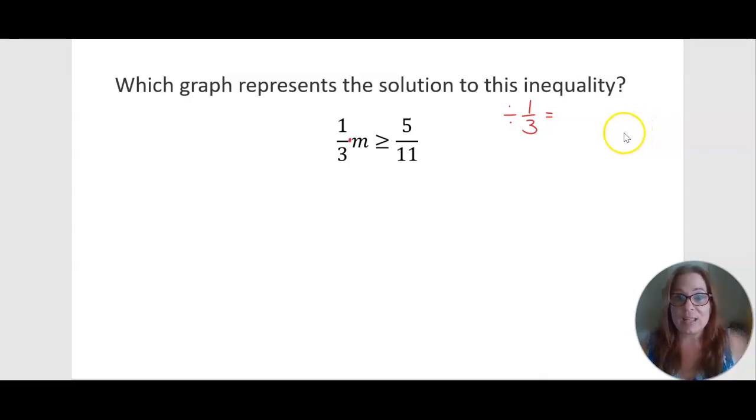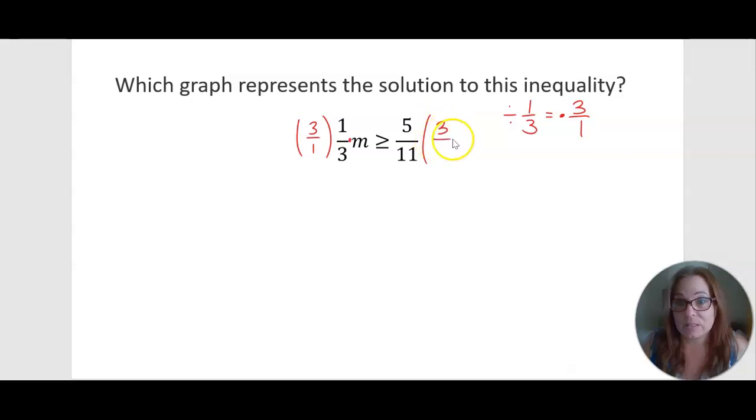When we divide by a fraction, the way that we do it is we multiply by the reciprocal, right? So in order to divide by 1/3 on both sides, I'm going to have to multiply by 3. And if this were negative, I'd be multiplying by -3. All right, because on some versions it's negative.